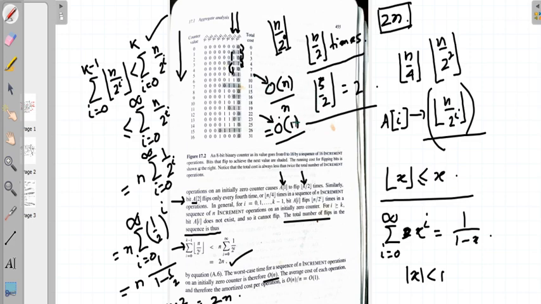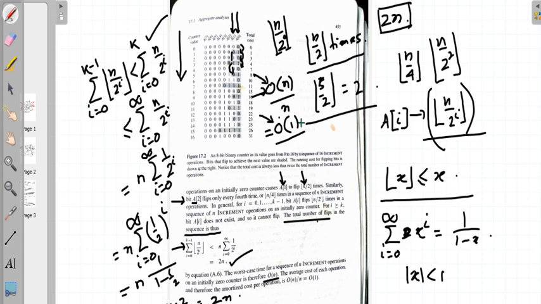The amortized cost, which we talk about in terms of average cost per operation, will be order of 1, and we get that whenever we have a tight bound on the total cost in the worst case. So this is how this binary counter can be analyzed with aggregate analysis.